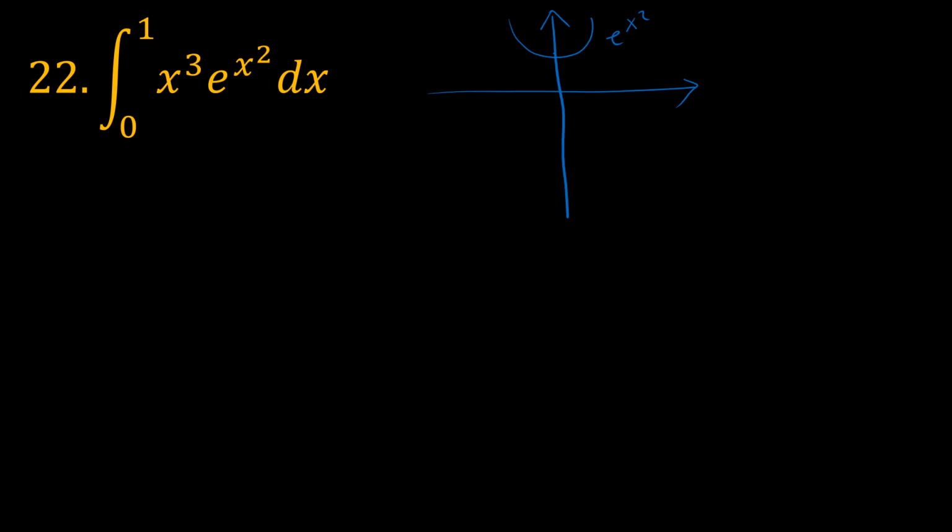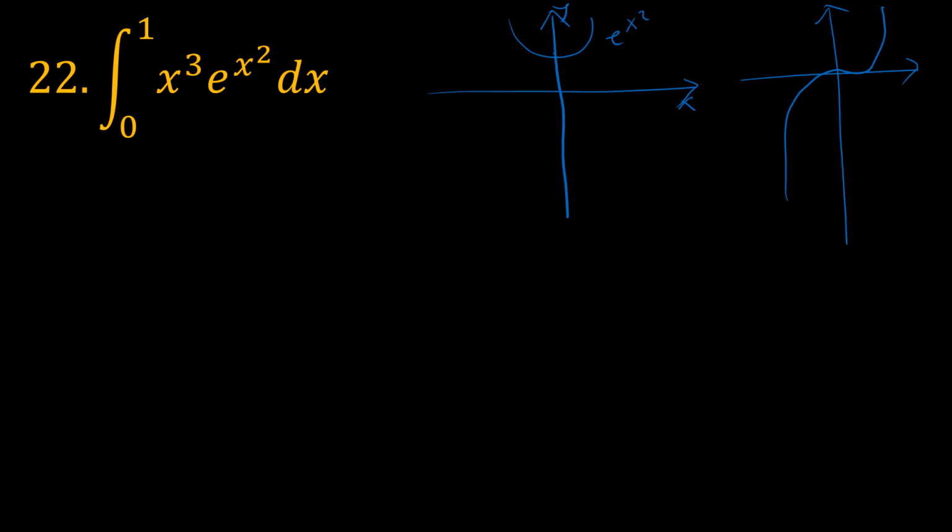But when you multiply by x cubed, suddenly this part here is forced to 0, and the positive on the negative side of the x-axis also gets forced towards the negative, so you have a decent plot like that.